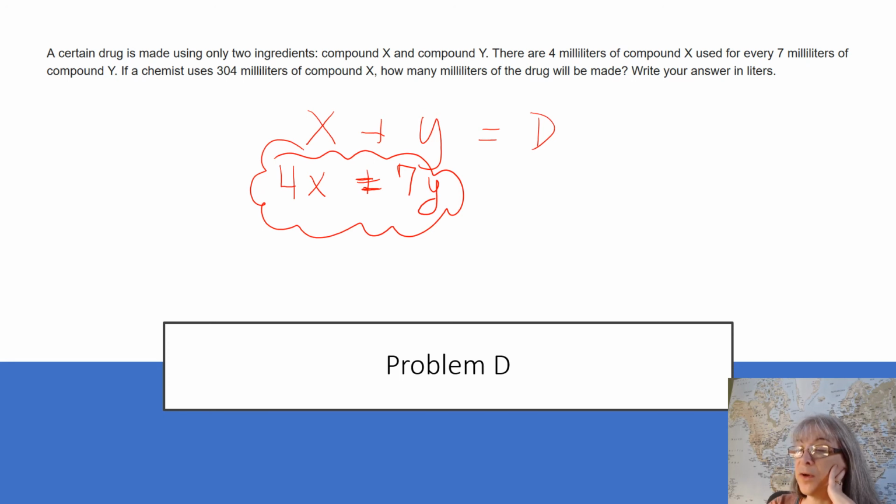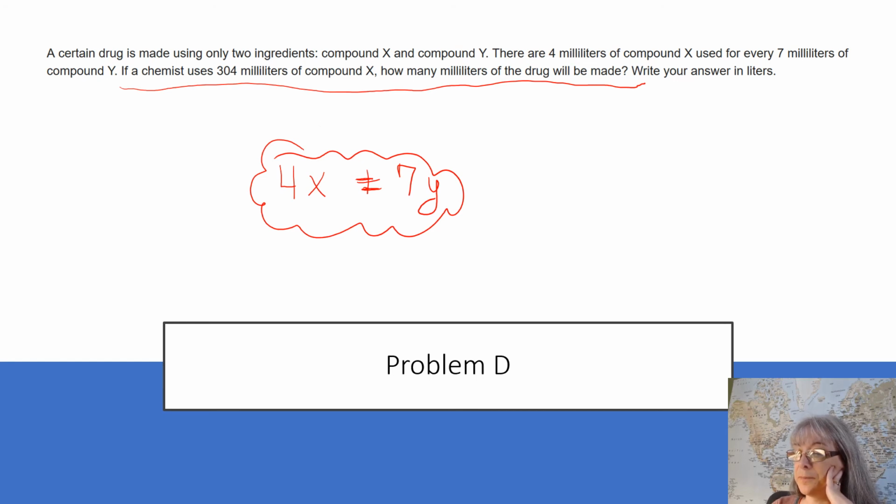right? So if I have 4 milliliters of X, now I have an XY ratio in here. So if I look at just the relationship of X to Y, so 4X is to 7Y. And how much of X am I using?